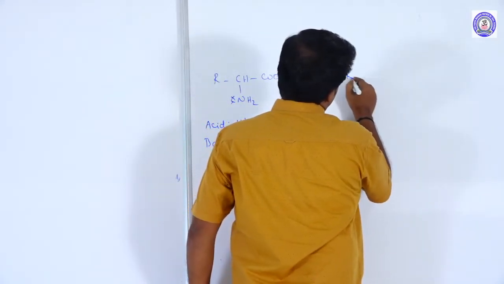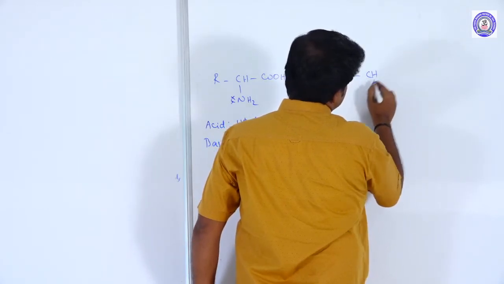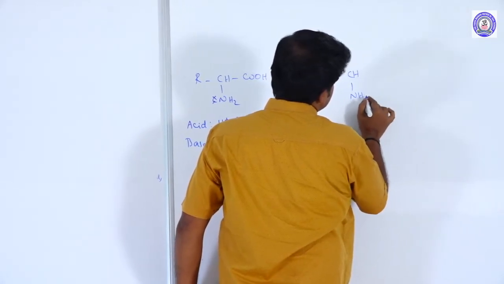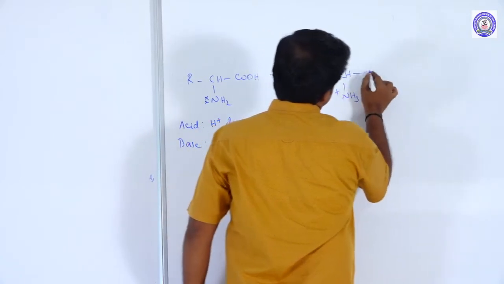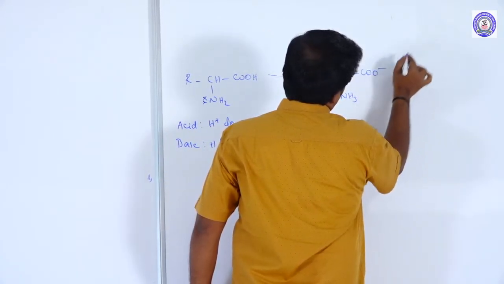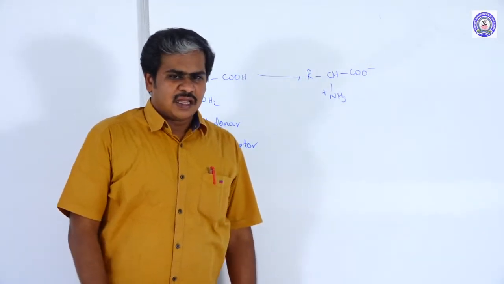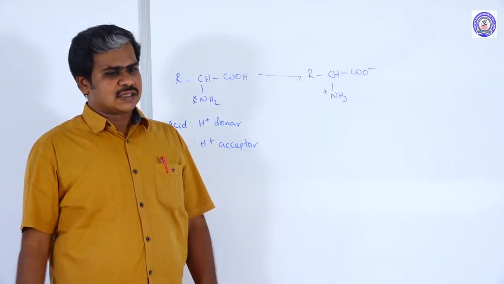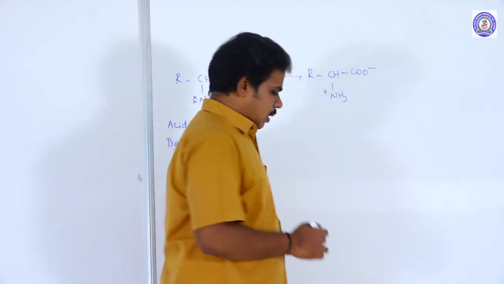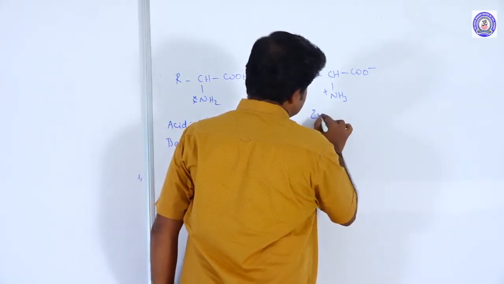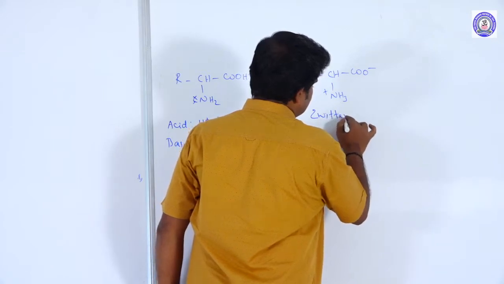Here it is RCH, NH3 plus and COO minus. An amino acid containing two charges is known as a zwitter ion.